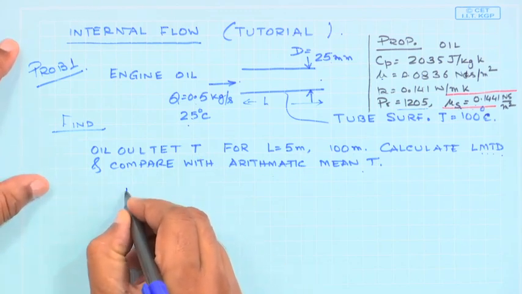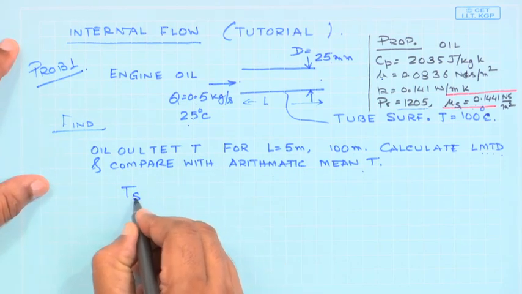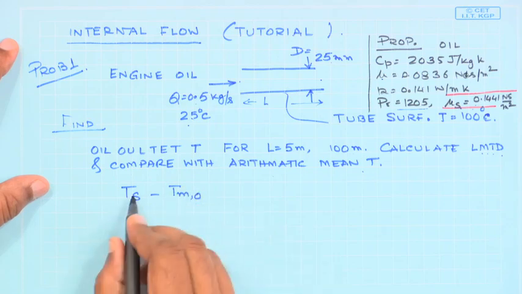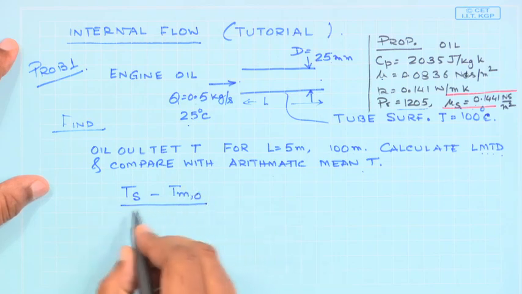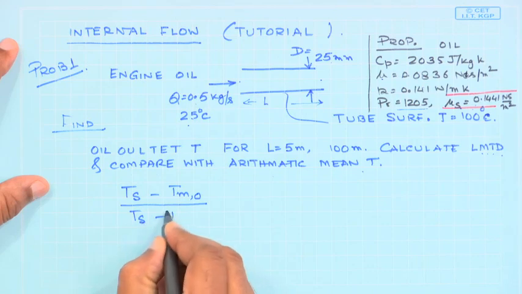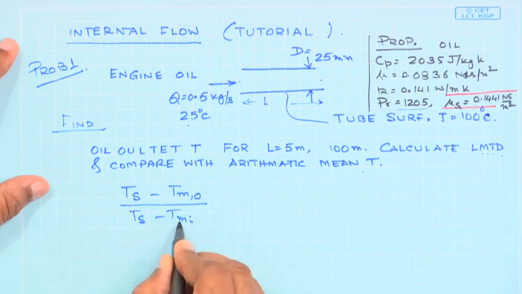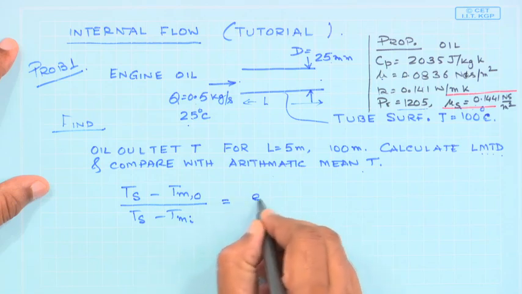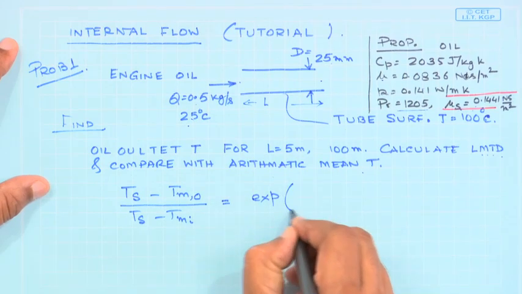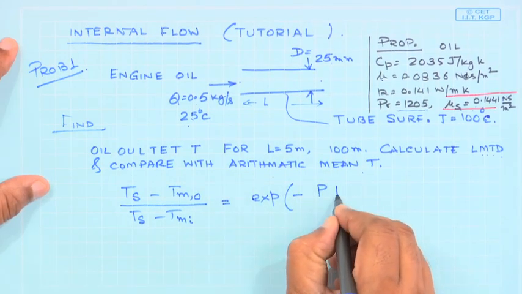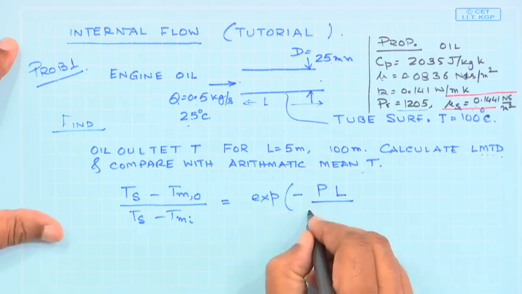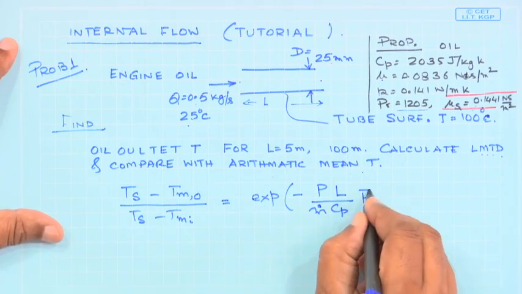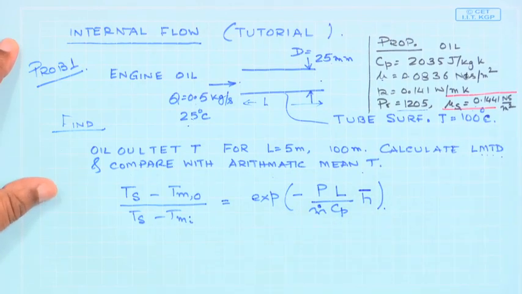So, the fundamental equation with which we are going to start is (Ts minus Tmo) by (Ts minus Tmi), where Ts is the temperature of the solid surface of the tube and Tmi the temperature at the inlet of the fluid flowing through it, is the exponential of minus P, P being the parameter, times L, divided by m dot, the flow rate, times Cp, times the average value of the heat transfer coefficient.